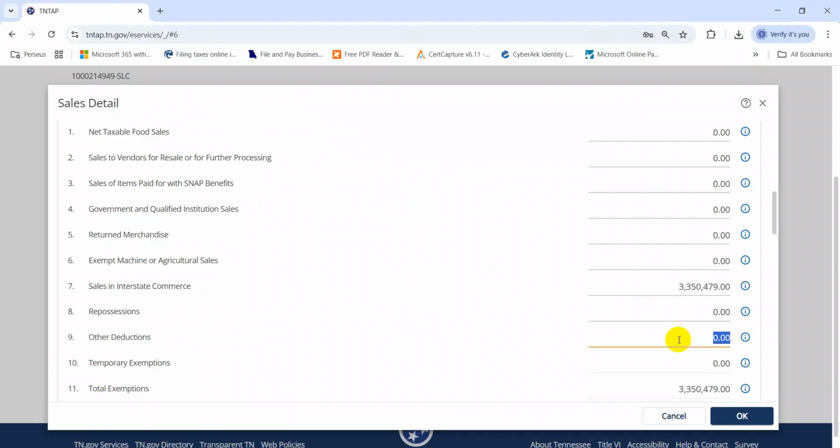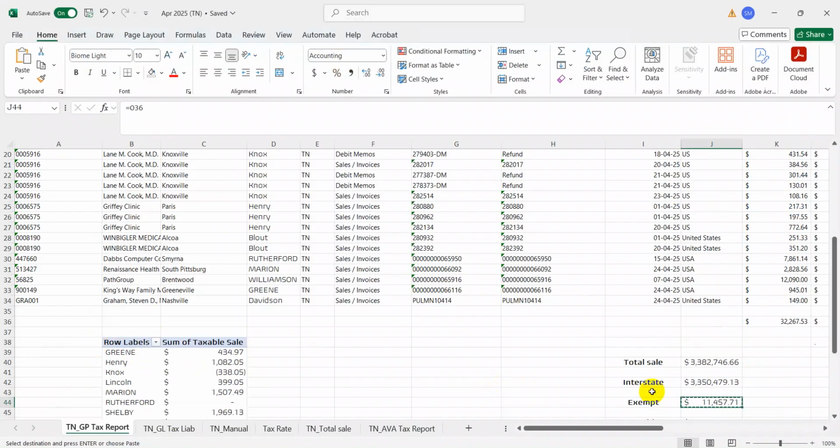Which are my exempt sales, which are here. Again, what is meant by the other deduction, why they are exempt sales, I already told you in my previous videos that exempt sales or non-taxable sales could be for two reasons. The first reason is that for the particular state the item could be non-taxable, and the second reason is that the customer that you are selling to is exempt.